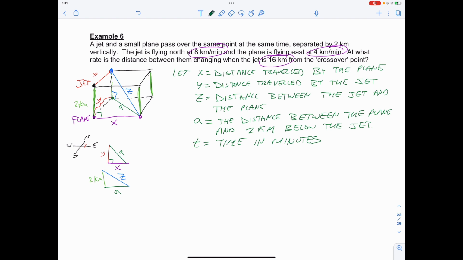All right, what do we know? We know that the jet is flying at a speed of 8 kilometers per minute. So we know dy over dt is equal to 8 kilometers per minute. We know that the plane is flying at 4 kilometers per minute, so dx over dt is equal to 4 kilometers per minute.